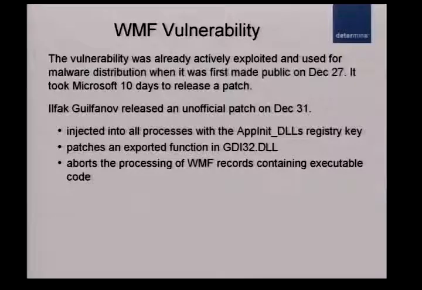So Ilfak's patch added an additional check that looked for that executable code and aborted the processing of the file if it was found. It's also interesting that when Microsoft released their patch, it was not exactly the same, but fairly close to Ilfak's. So this incident showed that it is indeed possible for a third party to patch a security vulnerability and get it mostly right.